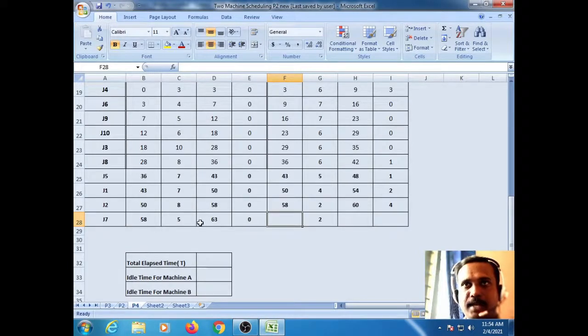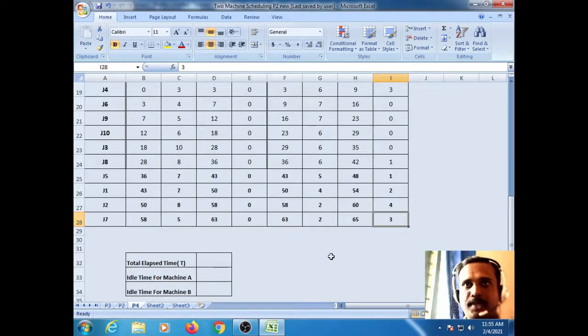We have to compare 60 and 63, and take 63, because at 63 we have work to process on machine B. So 63 as in time, 63 plus 2 is 65, we get 65 here. And what is the idle time? Between 60 and 63, the gap is 3 hours.